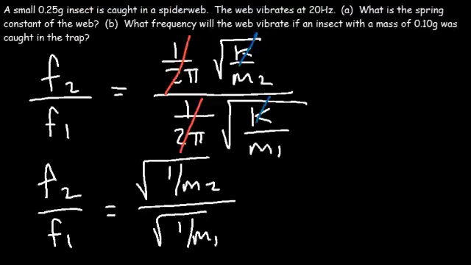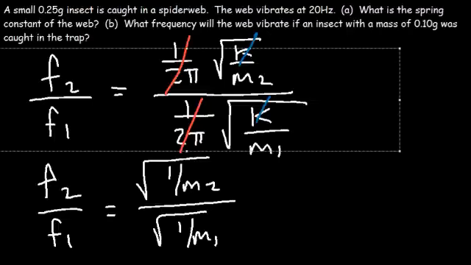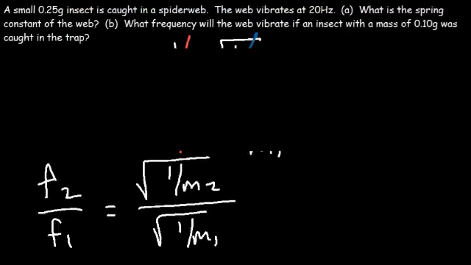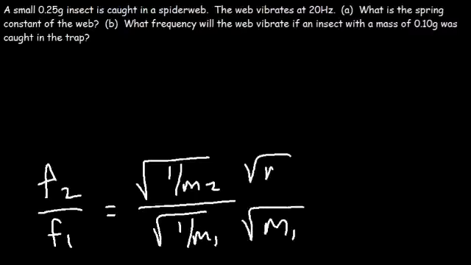So how can we simplify the expression that we have on the right? What would you do to simplify it? Let's multiply the top and the bottom by the square root of M1. If we do that, M1 will cancel on the bottom.